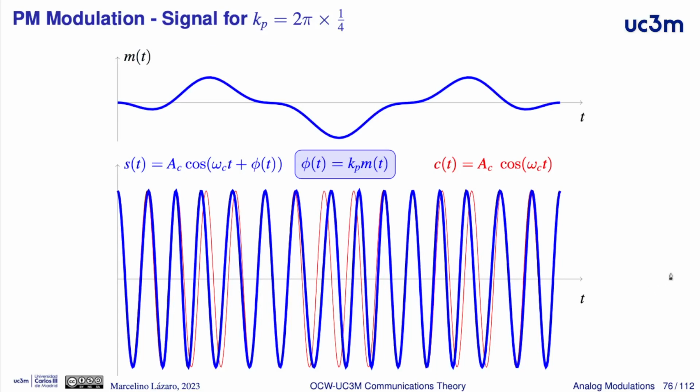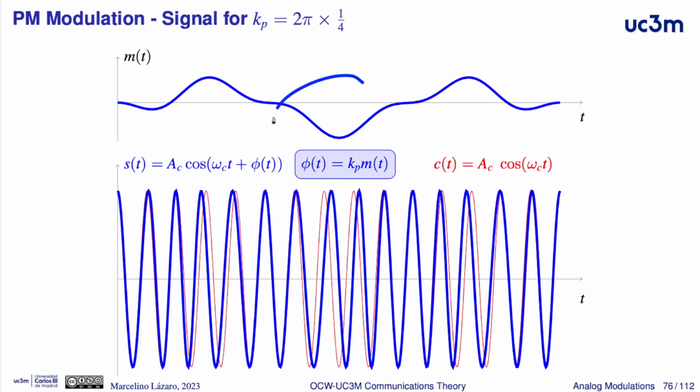Taking this into account and taking also into account that for a phase modulation, the phase that we have here is proportional to the modulating signal, when the modulating signal is positive, we will have a positive argument here. We have a negative delay. So in this case, the modulated signal will be ahead of the carrier.